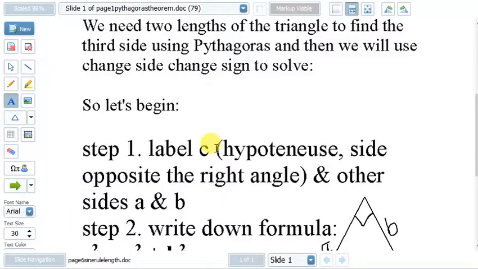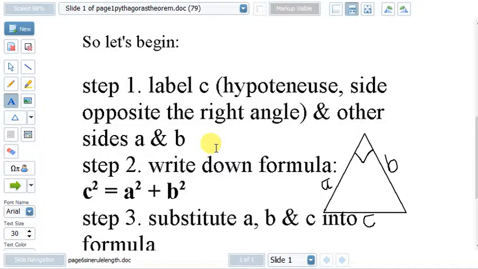So let's begin. Step one, and this applies to any question with triangles, for young mathematicians: what we've always got to do is label the triangle. In Pythagoras' case, we label it as C, A and B. C is the side opposite the right angle.